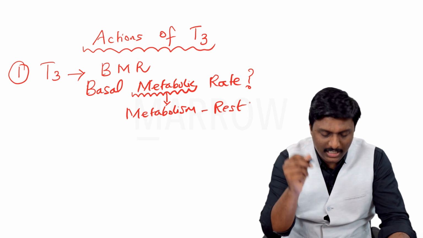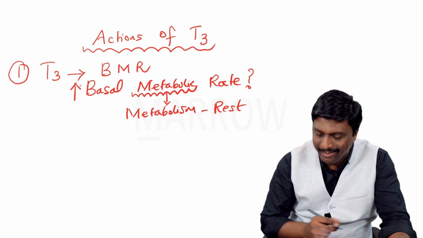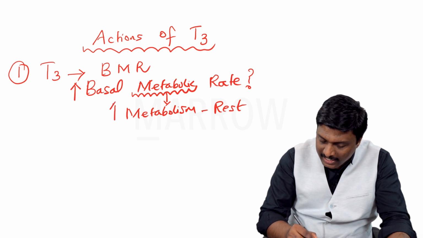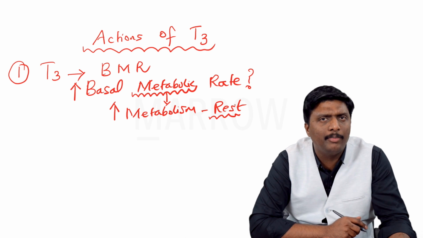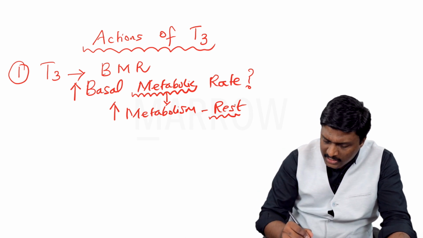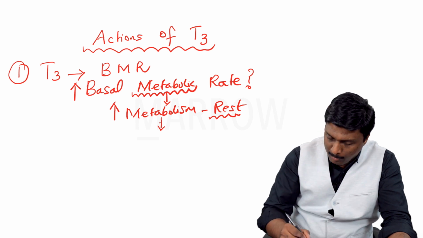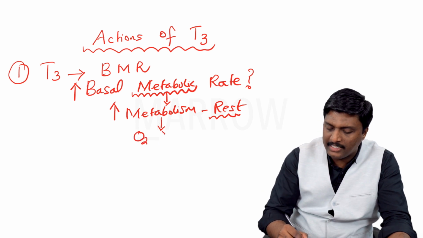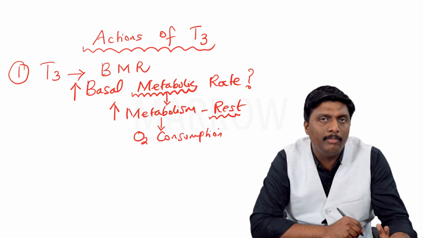This basal metabolic rate is increased by thyroid hormone, which means thyroid hormone increases metabolism at rest. Correct? It increases metabolism at rest. What is the meaning of metabolism, sir? Even further dissecting the word, metabolism invariably means oxygen consumption in cells. If it is consuming oxygen, it means it is undergoing metabolism.